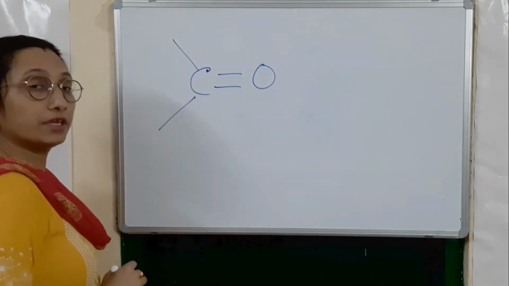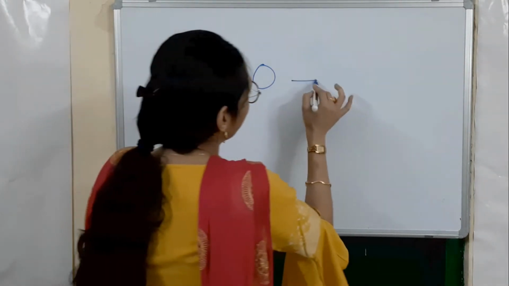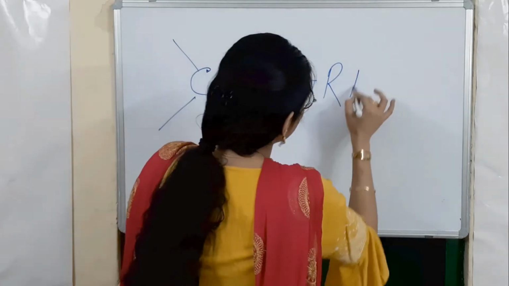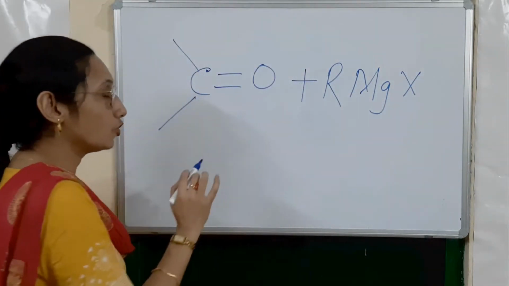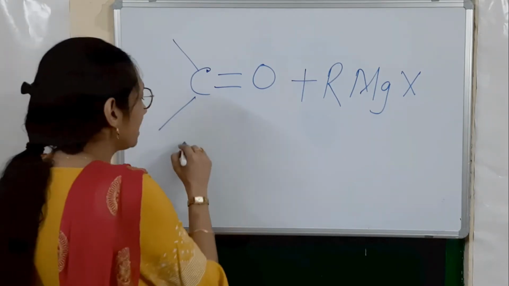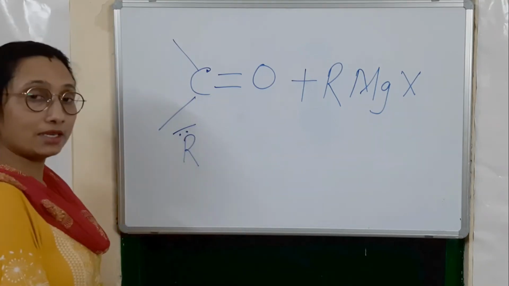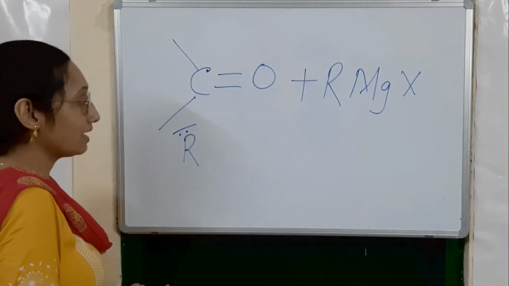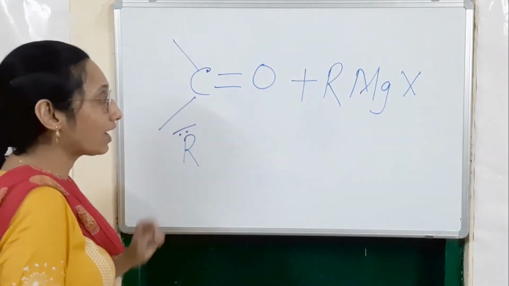This is carbonyl carbon. Now this carbonyl carbon, when you are treating with RMgX, that means any carbonyl group, when you are treating with RMgX, then RMgX will yield R minus. This is a carbanion, and this carbanion we can take as nucleophile.